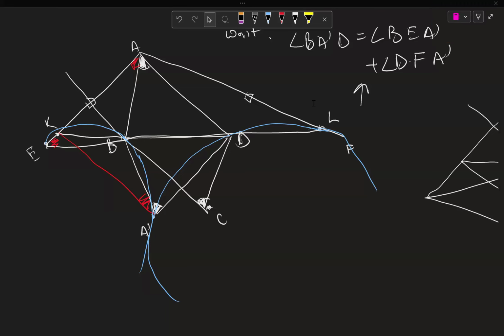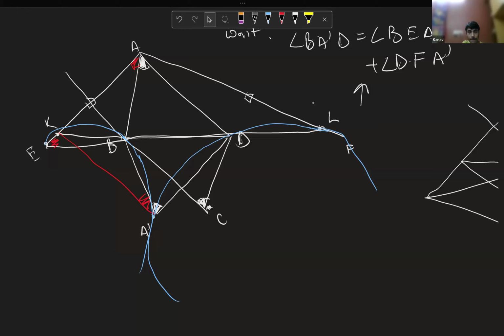Okay, so A prime, E, all three of them lie on a circle with center B. Indeed. Yes. Go ahead. Yeah, that is a great idea.